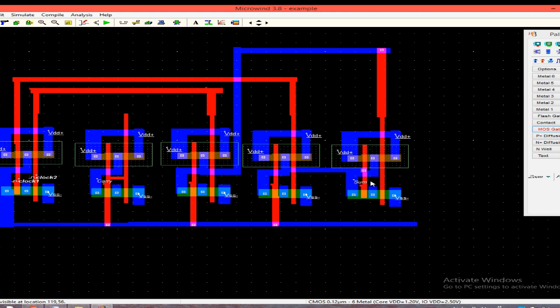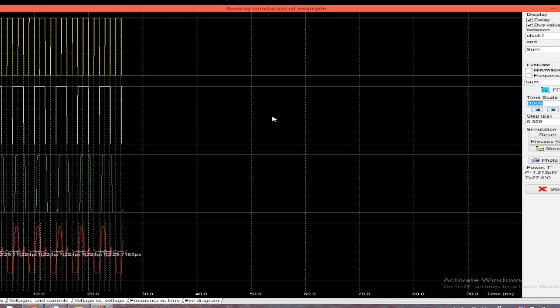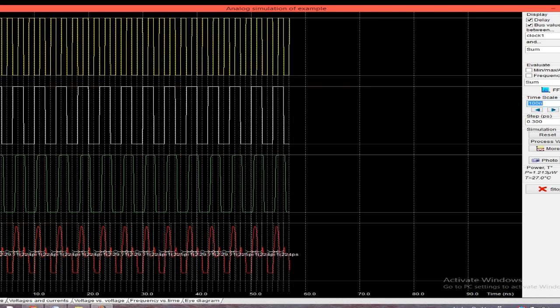While making this structure, I've done a lot of connections over here, as you can see on the screen. After making this structure, I will simulate this diagram, so I can see different portions of clock 1, clock 2, carry and sum.